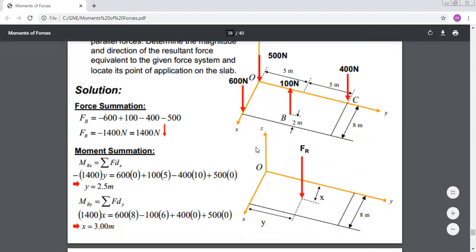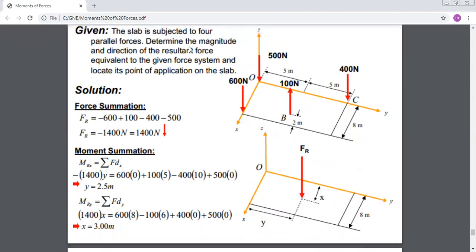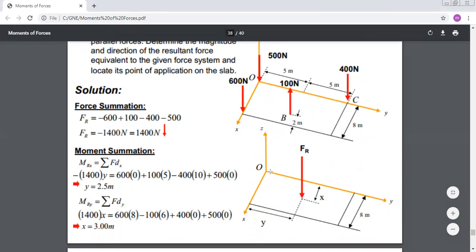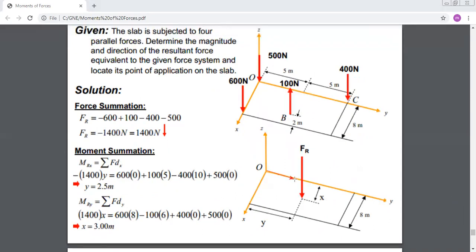One along Y, one along X. So this is your reduction. You reduced your system to one force F resultant, and to a moment M resultant along X, and a moment M resultant along Y.